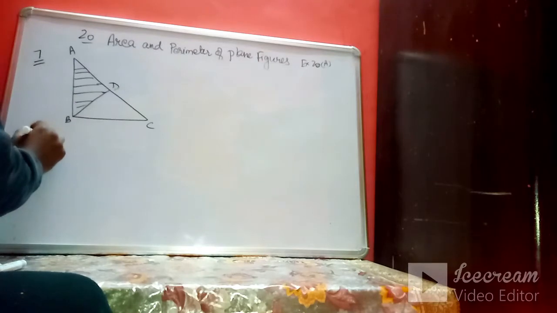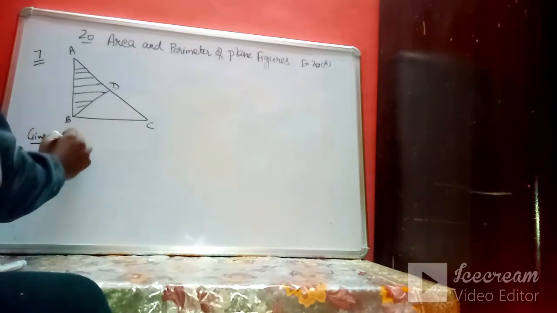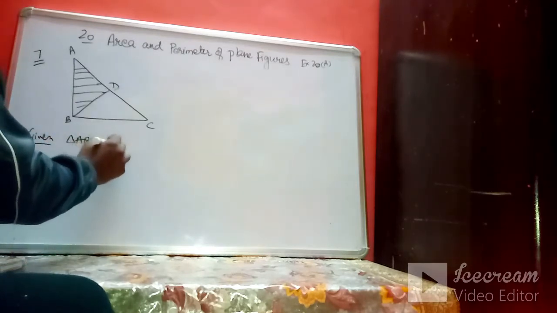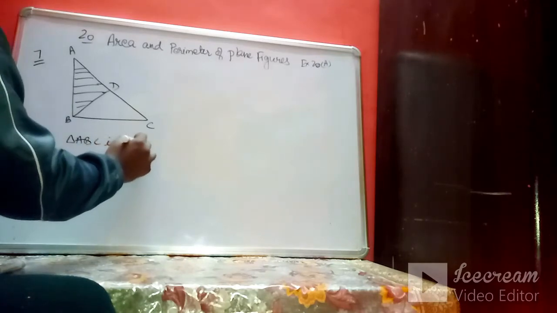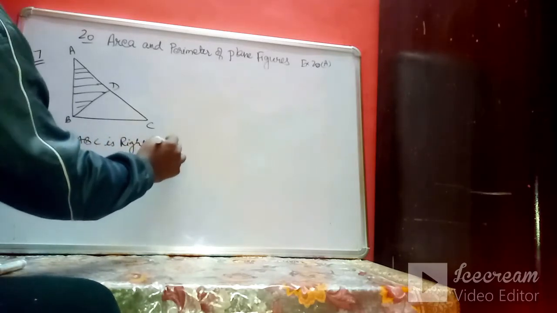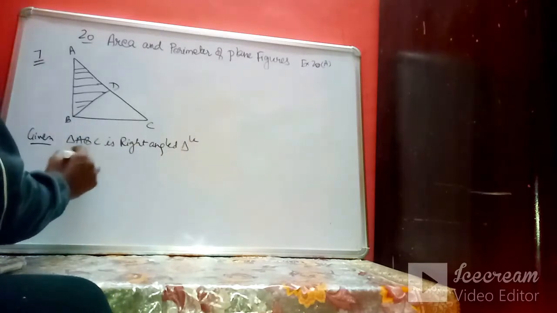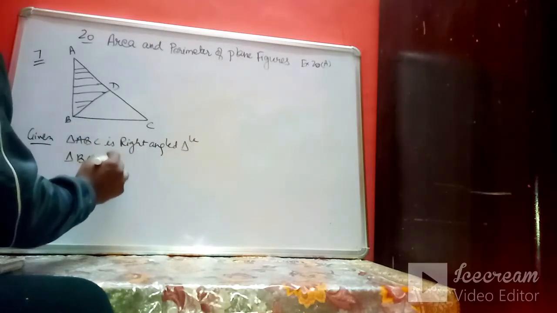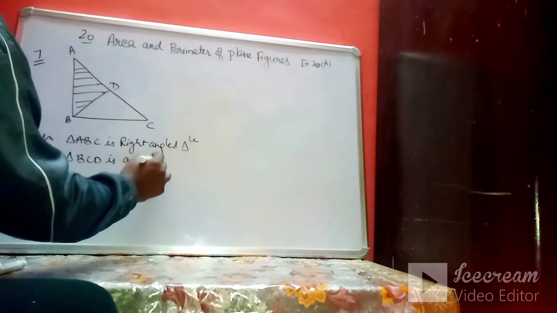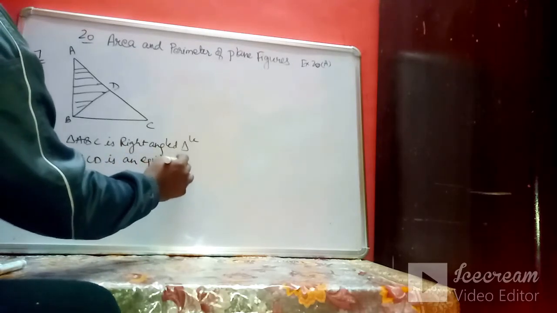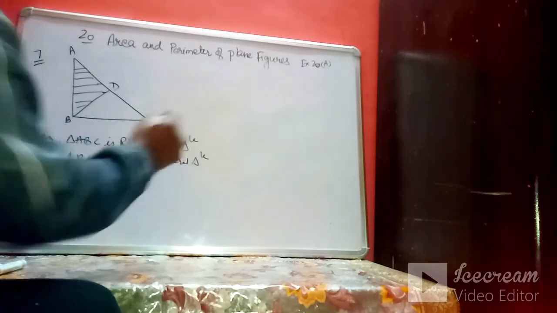Now what is given in this? Triangle ABC is a right angled triangle and triangle BCD is an equilateral triangle. These two things are given.